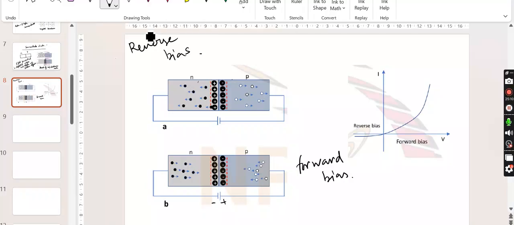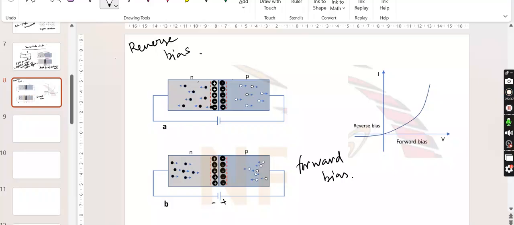The battery literally pumps electrons into the n region, and in the p region it is removing electrons, which is the same as producing more holes.